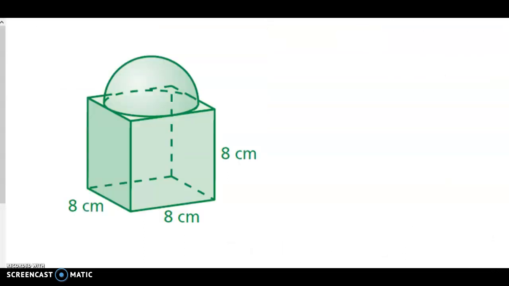And the next one, let's see this. For this one, you see the bottom is a cube and the top is a hemisphere. We want to find the volume of it. So the cube volume will be equal to a cubed, because for the cube, all the sides are the same. That is basically the same as a rectangular prism, length times width times height.